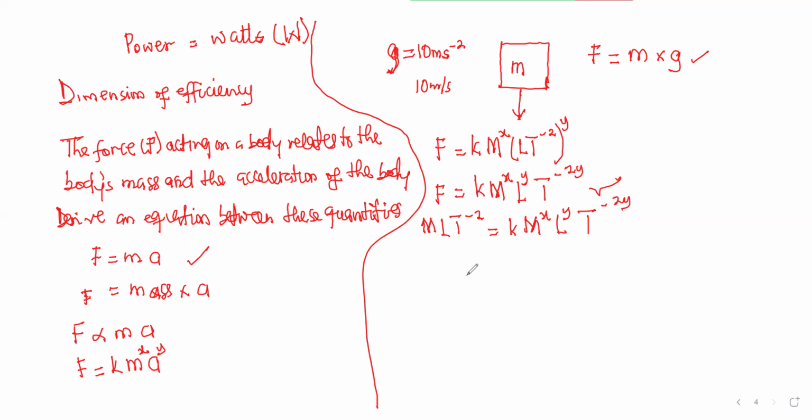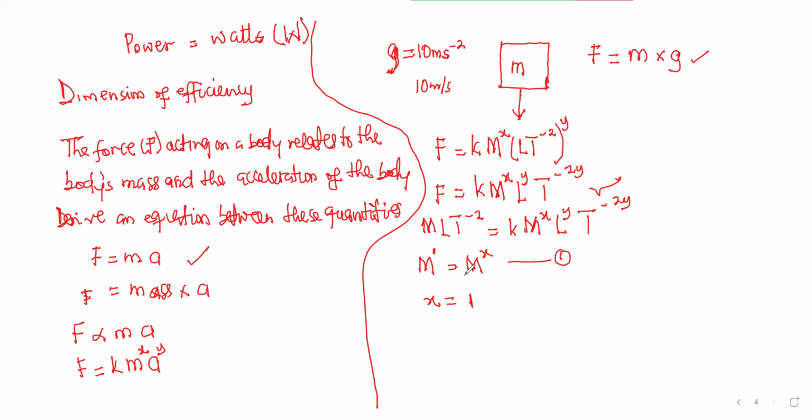So we equate M to M, L to L, and T to T. So M raised to the power 1 here is equal to M raised to the power X in equation 1. So this implies that X is equal to what? 1, when we compare the exponent values.